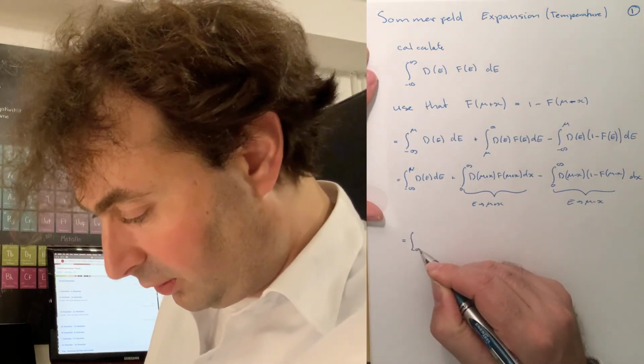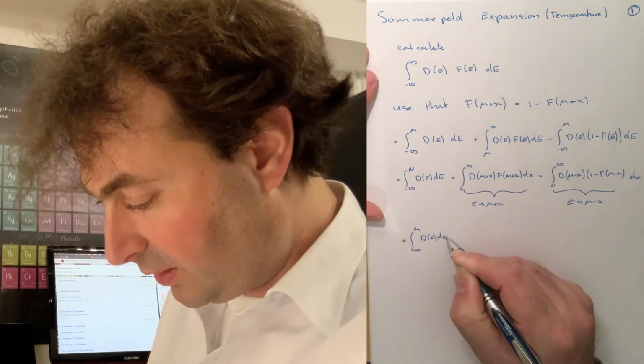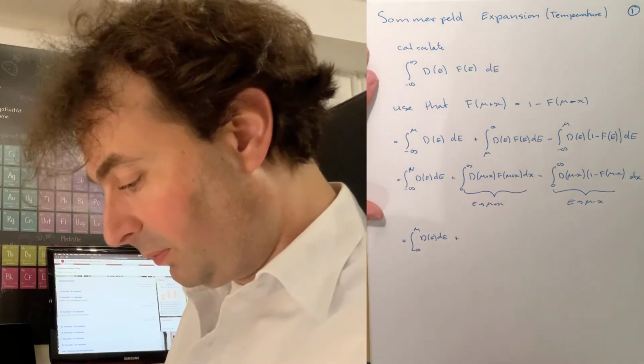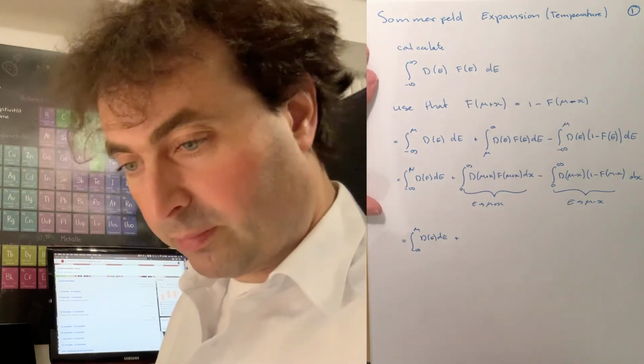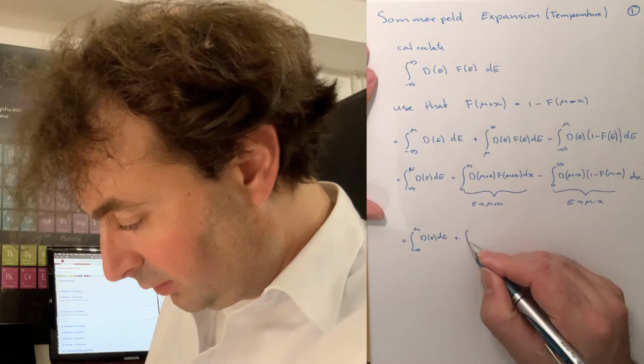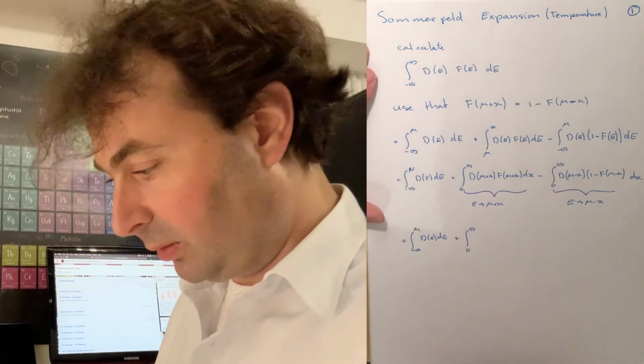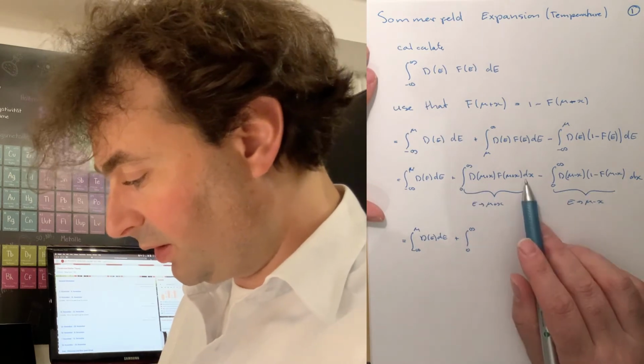This is the integral from minus infinity to the chemical potential of the densities of states plus. And now I have here 2 times the same integral in terms of boundary conditions and dx.